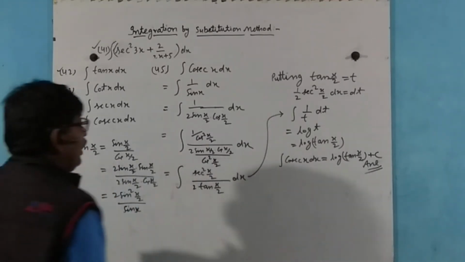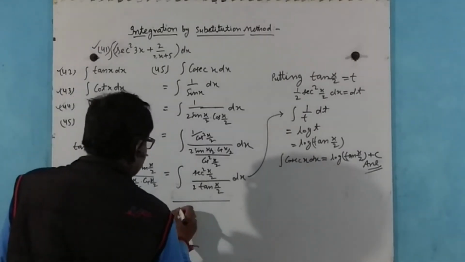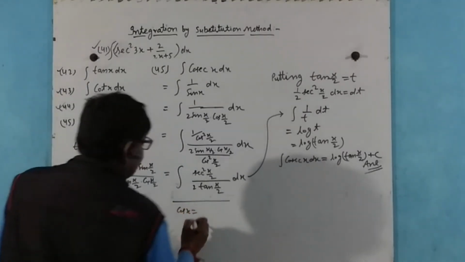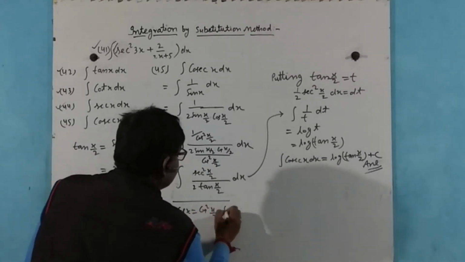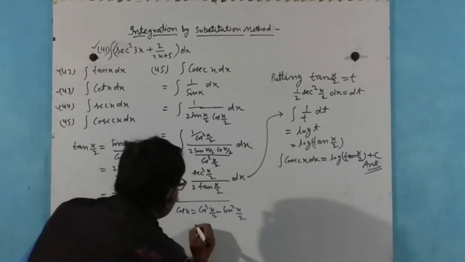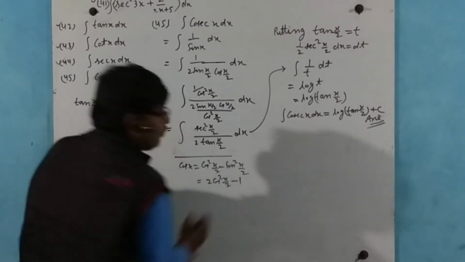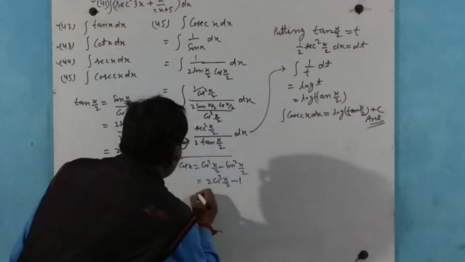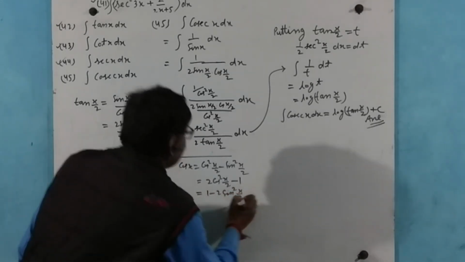Now we apply the formula. As you know, cos x equals cos square x by 2 minus sin square x by 2. This is also equal to 2 cos square x by 2 minus 1, and also equal to 1 minus 2 sin square x by 2.